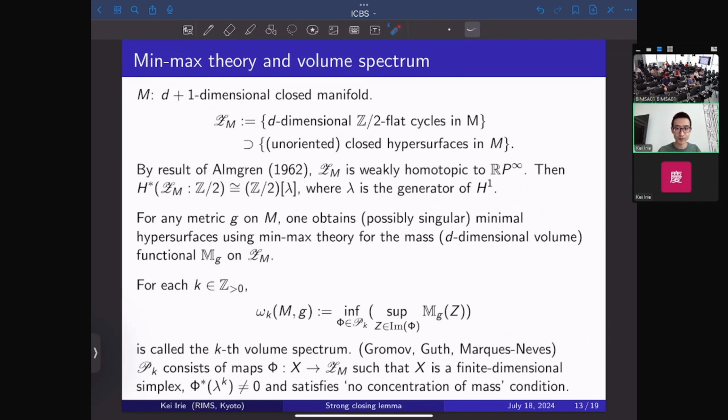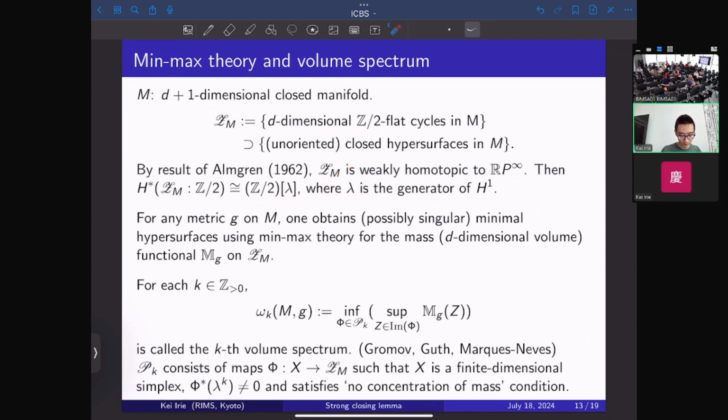And it turns out pi_1 is Z2, and all higher homotopy groups are 0. So this is weakly homotopic to RP infinity, and its Z2 cohomology ring is isomorphic to the polynomial ring with the degree 1 generator lambda.